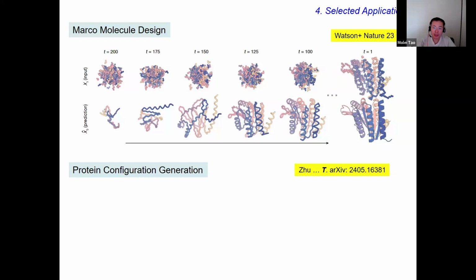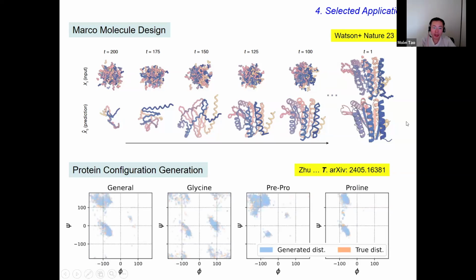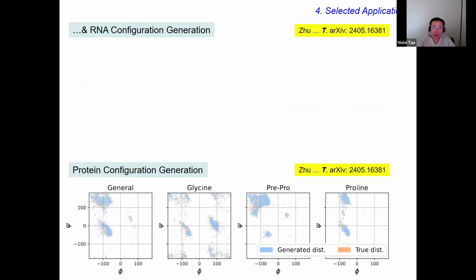So we did simplified examples; we couldn't really do Nobel Prize work. So we can generate protein. What you see here should really be two colors, but you can barely see them because they overlap exactly with each other. That corresponds to an exact match between the distribution of the generated protein and the training protein.